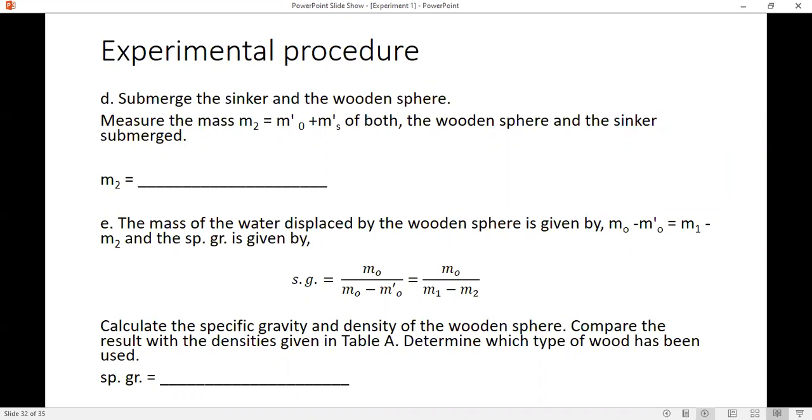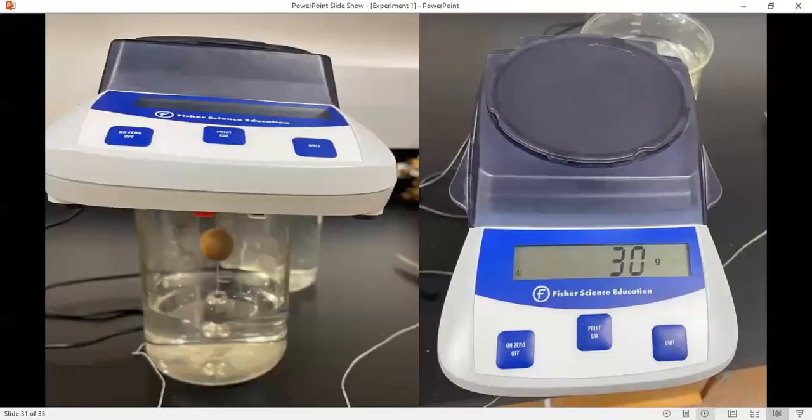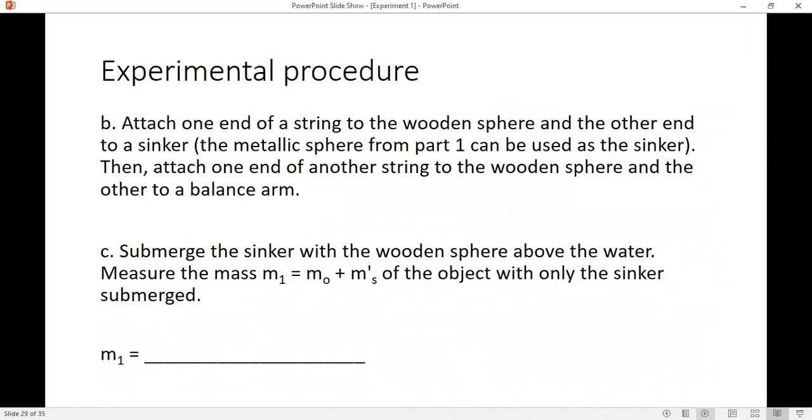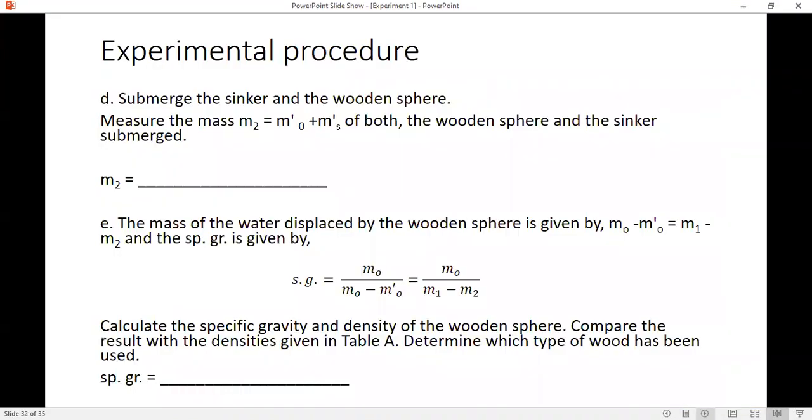So basically, I think I have to jump back one more. I just want to make sure that I'm doing this correctly. You had M1, that was your first measurement. You record M2, and to calculate the specific gravity of the wood, you take the wood's original mass.